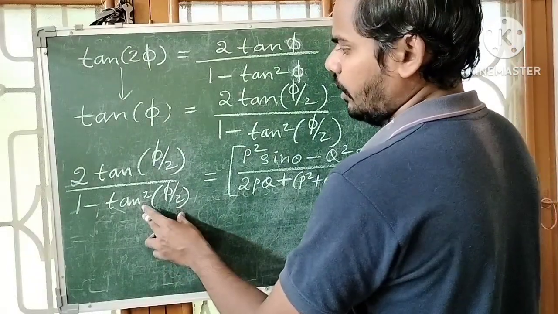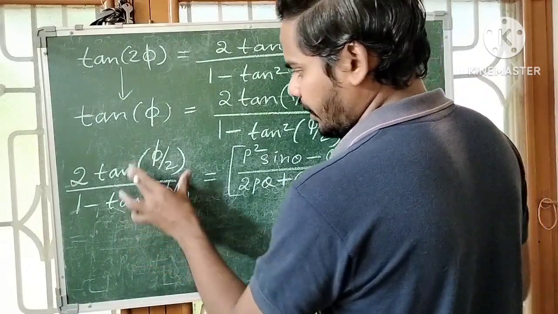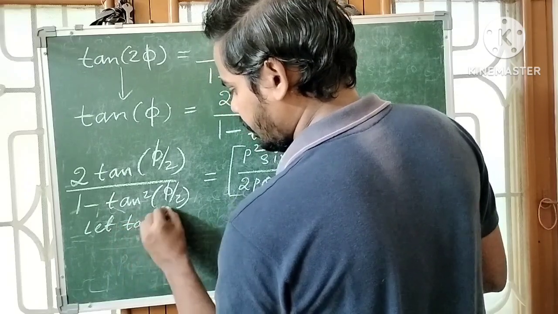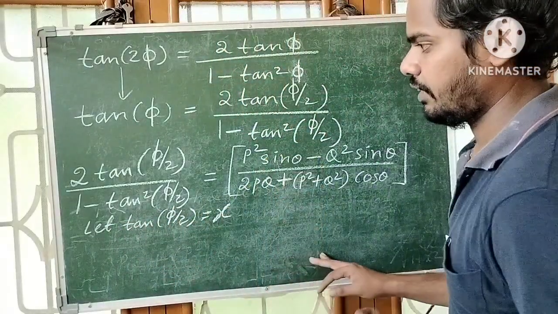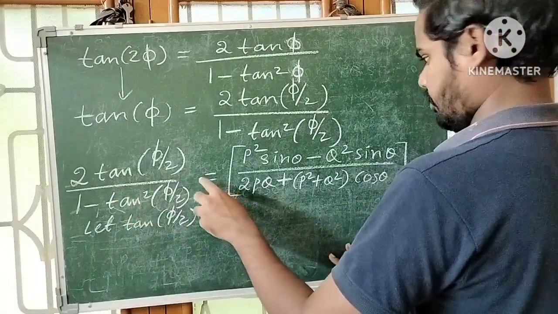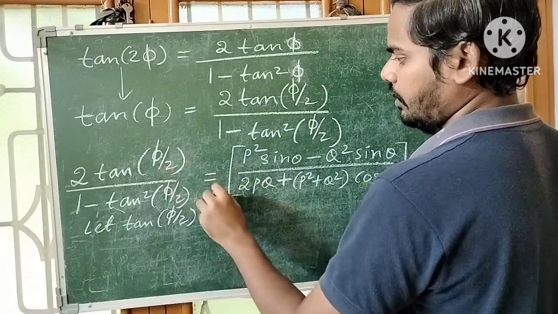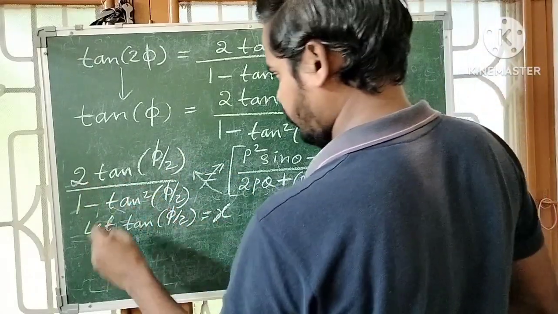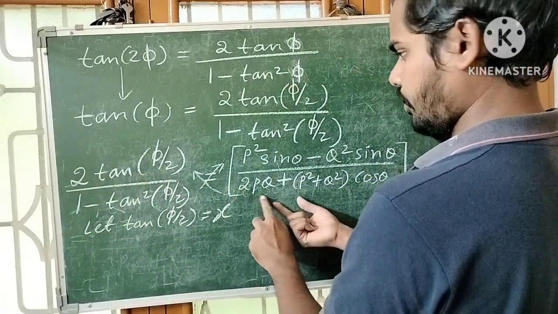Writing tan phi by 2 every time is a difficult task, so let tan phi by 2 be equal to x. Now apply cross multiplication. 2x, which is tan phi by 2 times 2, into this expression.